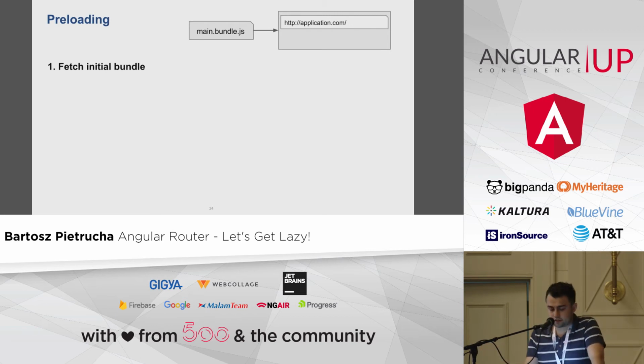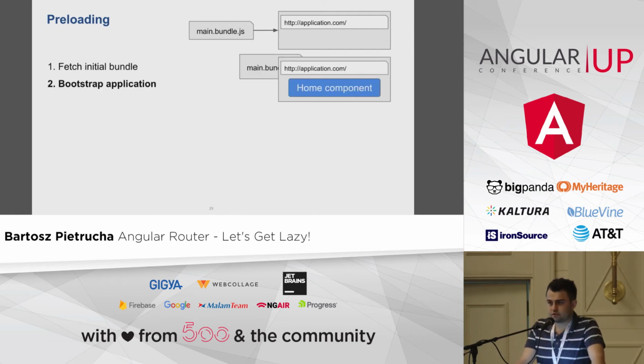This will explain us a little bit this idea of preloading and fetching these bundles. So the first step, we are fetching the initial bundle, the main bundle that contains all the shared and all the necessary modules to bootstrap the first initial view. Once we have it downloaded by the browser, it will be rendered and Angular will bootstrap the initial view.